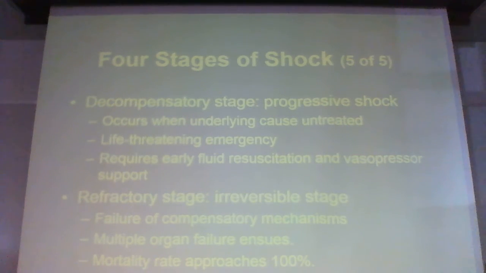So here's what happens. Our goal is to aggressively treat compensated shock so that it doesn't decompensate. When we go into decompensated shock, there's two things that you should think about to help you figure out if that's happening. One is they get hypotensive, right?